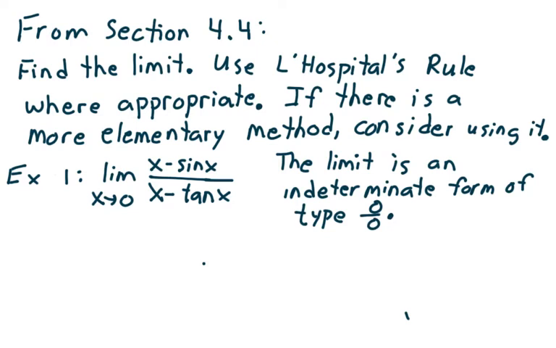Because as x goes to 0, sine of 0 is 0, right? So the numerator goes to 0, the denominator goes to 0. So it's an indeterminate form of type 0 over 0.